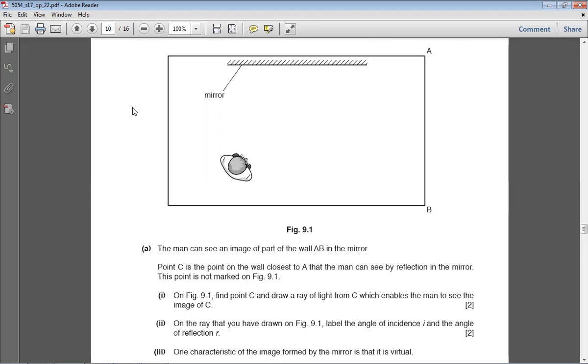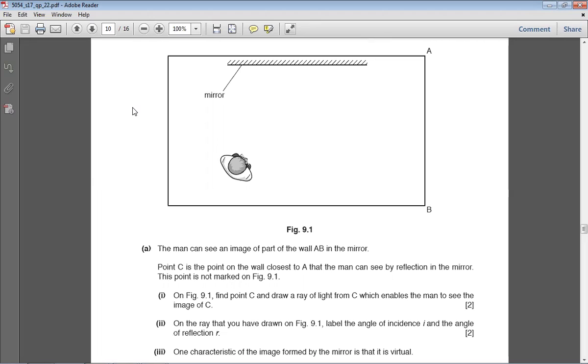The man can see an image of part of the wall AB in the mirror. Point C is the point on the wall closest to A that the man can see by reflection in the mirror. This point is not marked on figure 9.1.